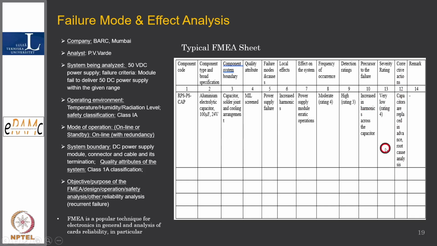So this is the failure mode effect analysis, and along with that we should have the information about the operating environment. Suppose the component has information that this capacitor should not be operated above 48 degrees centigrade. So what I require is the environment in the place where the capacitor module, or the power electronics, has been kept, and the mode of operation, online or standby. This supports the FMEA, the complete FMEA, and it gives a sort of judgment what kind of system we are dealing with.